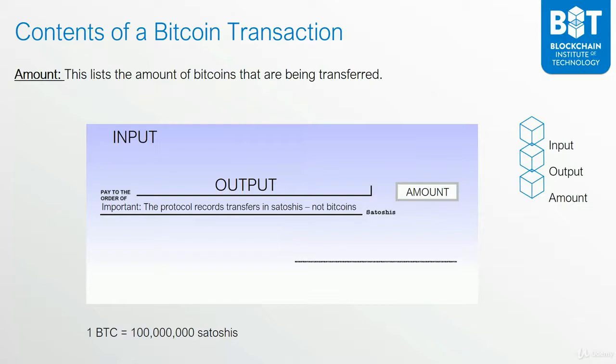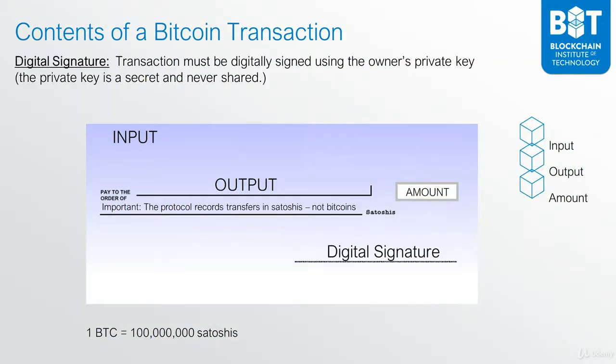What that means is that if a transaction is less than one Bitcoin, it's okay, because the transaction will be measured ultimately in Satoshis. Finally, the entire transaction needs to be signed using the owner's private key. This is the cryptography element I was mentioning, and the whole process of digitally signing a transaction is handled by the owner's wallet. The owner never has to reveal their private key to anybody.